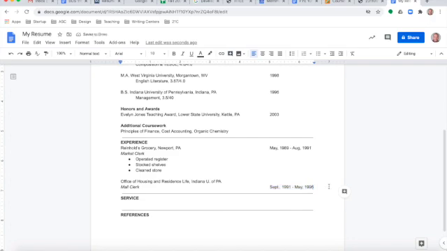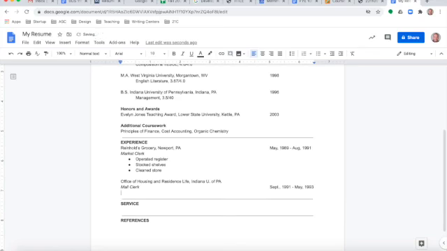So I'm going to make a choice to line up my dates against my job title. Now I'm going to eventually have to change that up there with Reinhold's Grocery so that the dates that I held that job of market clerk are on the same line as the words market clerk. That's part of maintaining a parallel structure that makes your resume easy to read and easy to access and helps present you as an organized person.